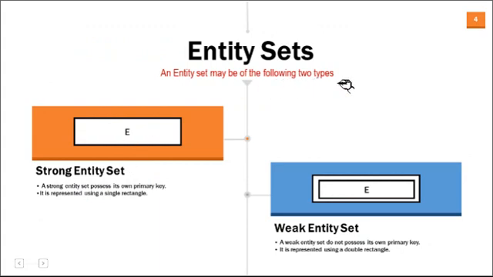Next, we have types of entity. We have a strong entity set and a weak entity set. If a particular entity has an attribute that can uniquely identify the entity, then I will say it is a strong entity.